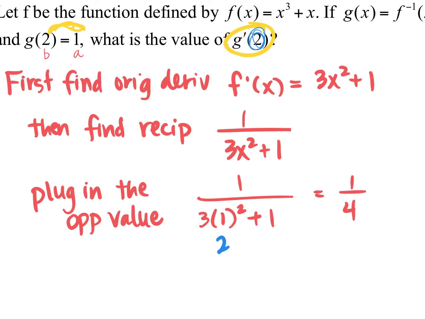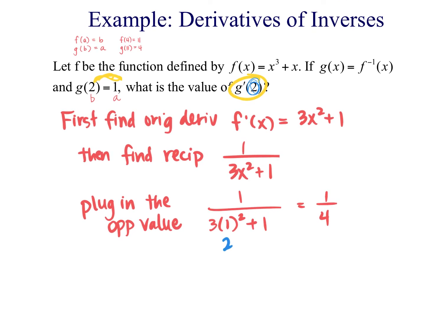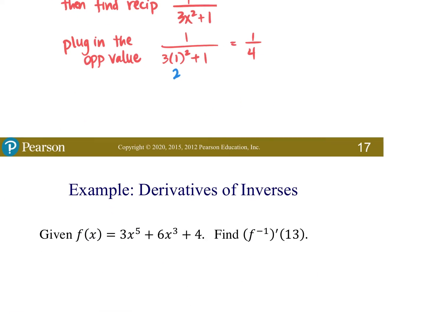Then what would their denominator be? 2 squared times 3 plus 1, which is 13. So 1 over 13 is going to be one of the options. Sometimes it comes in a table: here are your f values, but then you need g values. Okay, well, let's try it again.